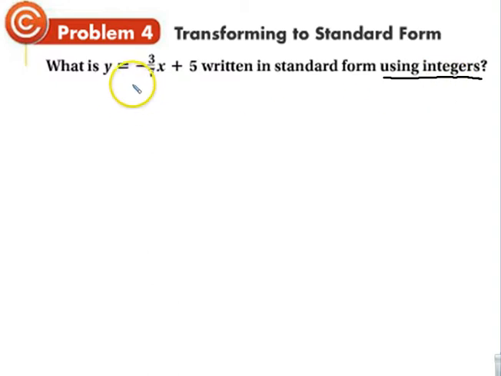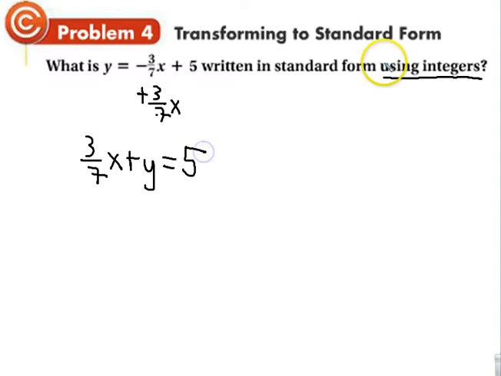So I'm going to add 3/7 x to both sides because I need x and y to be on the same side. So 3/7 x plus y is equal to 5. Now it says I have to use integers, so I cannot have a fraction. So I have to multiply the whole thing by 7 to get rid of the fraction.